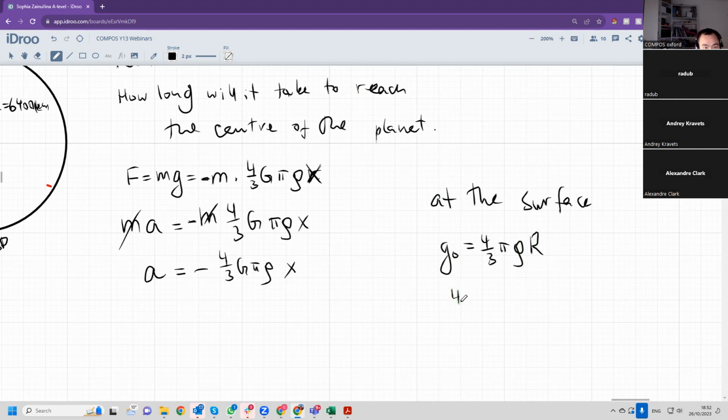In other words, 4/3 G pi rho can be written as g0 divided by the radius of the Earth. So I'm going to plug that in here. a is equal to minus g0 divided by R, multiplied by x.